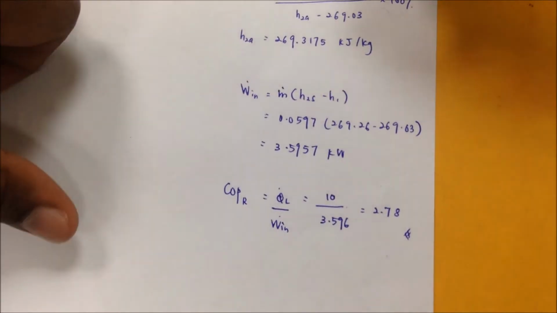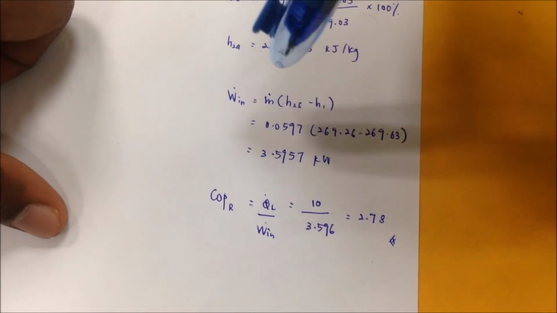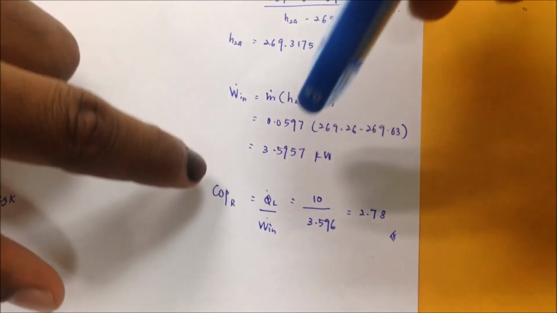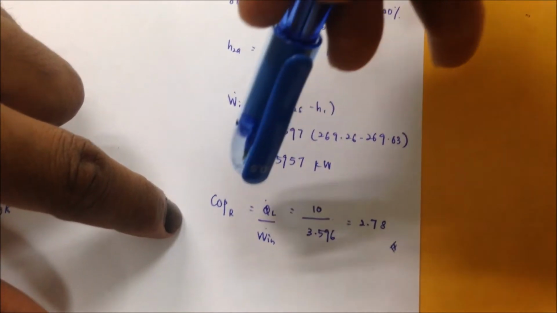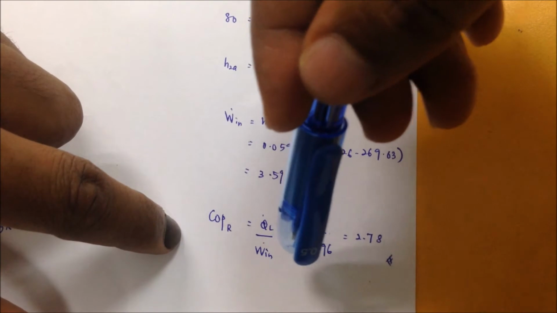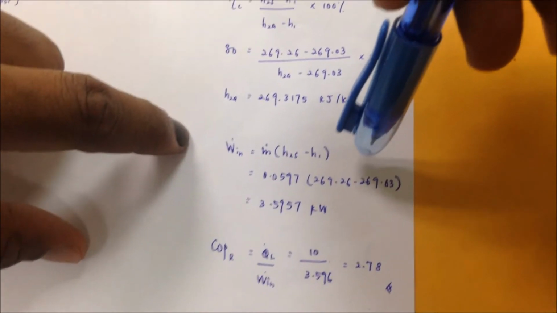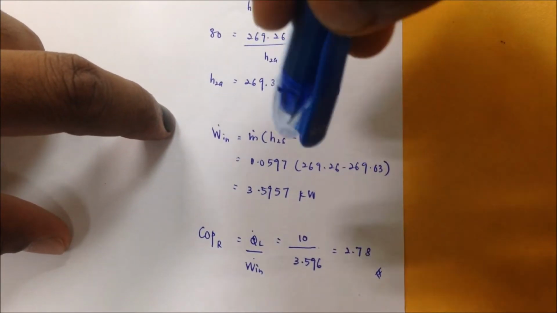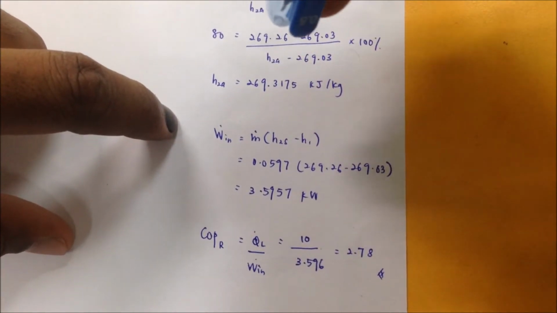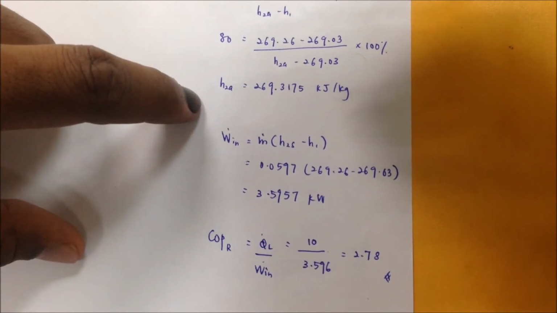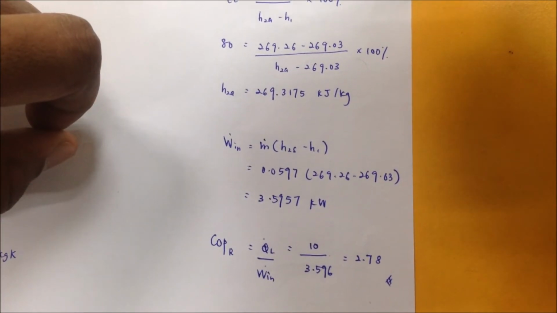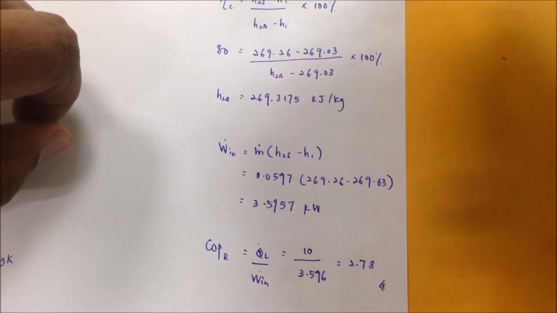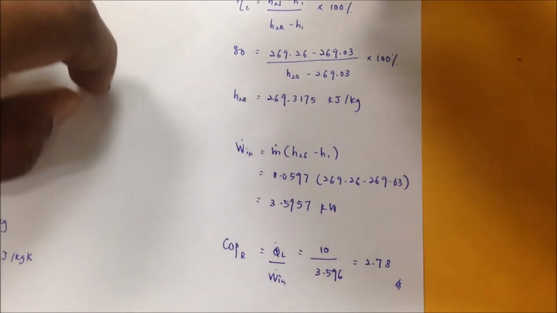Next, we need the coefficient of performance for the selected operation pressure. As the general equation, to get the COP, we already have the QL, but we have to calculate the value of Win. Based on the formula for Win, the m dot, 0.0597, is multiplied by 269.26 minus 269.03, which is H2S minus H1.